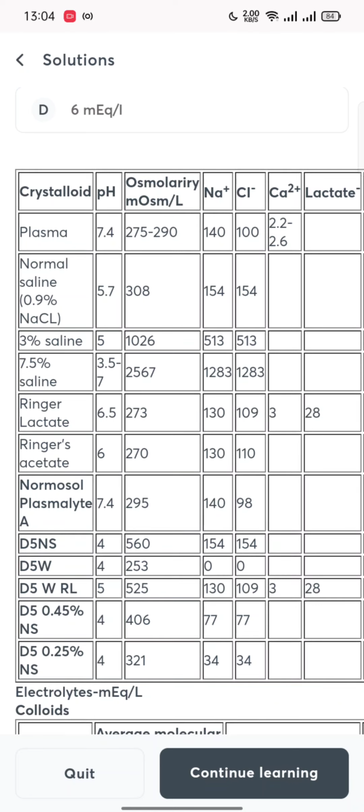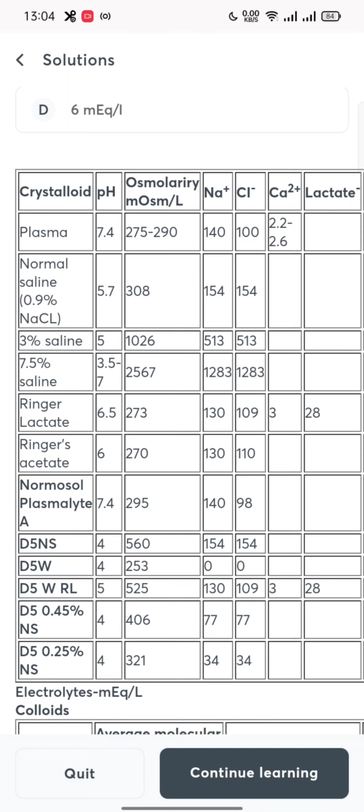In Ringer acetate, the pH is 6, osmolarity is 270, sodium concentration is 130 and chloride is 110.